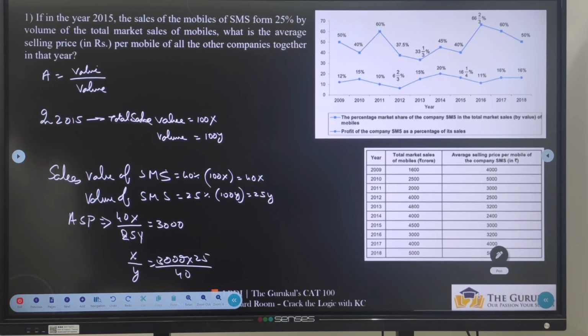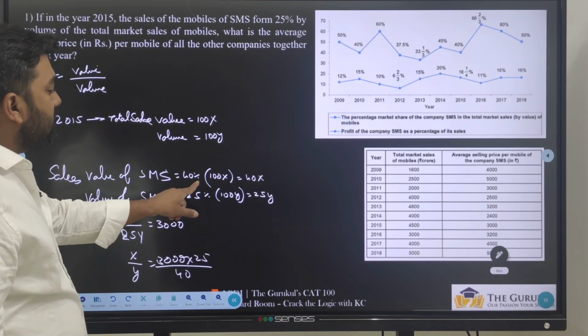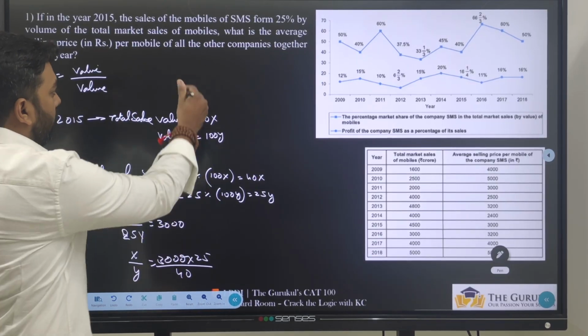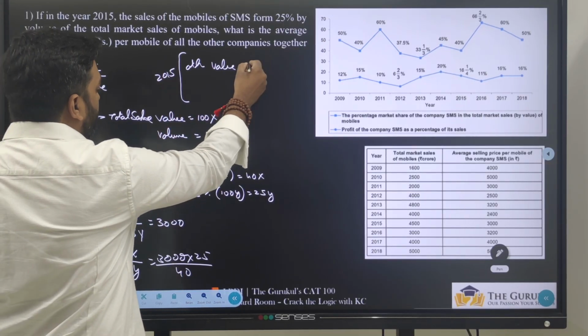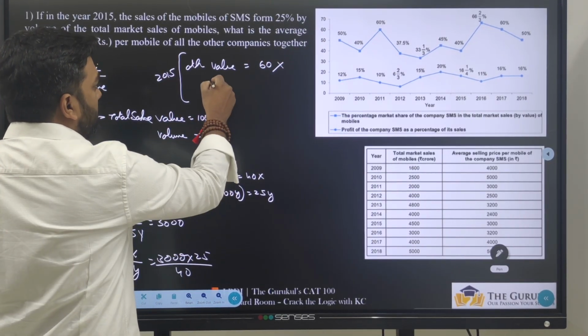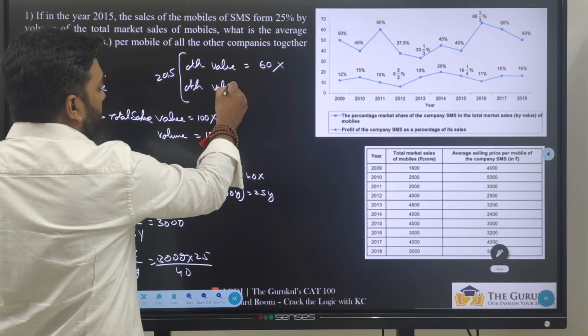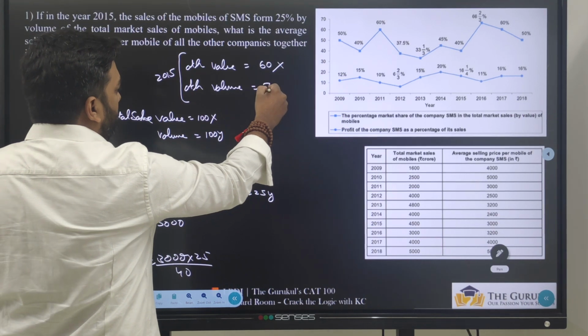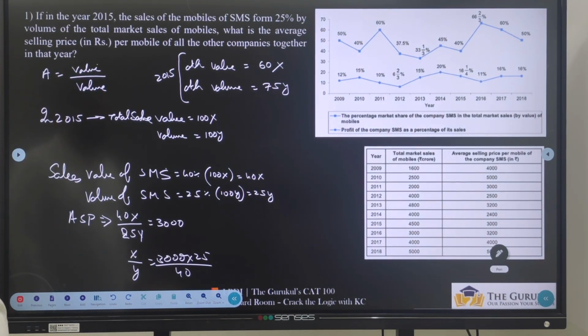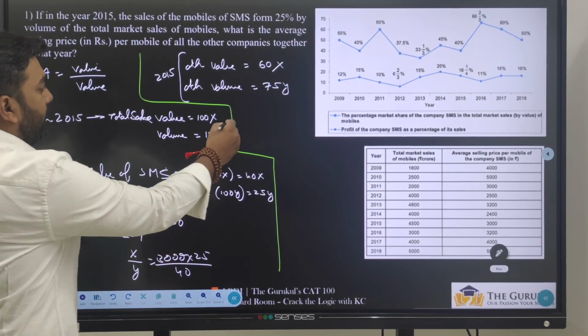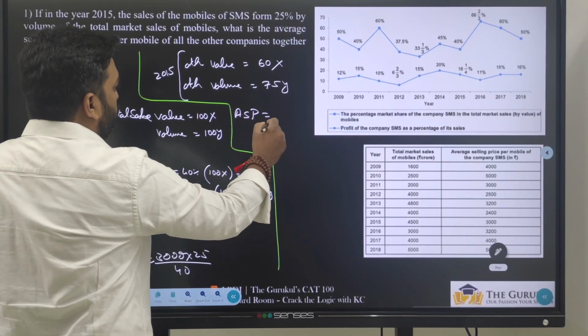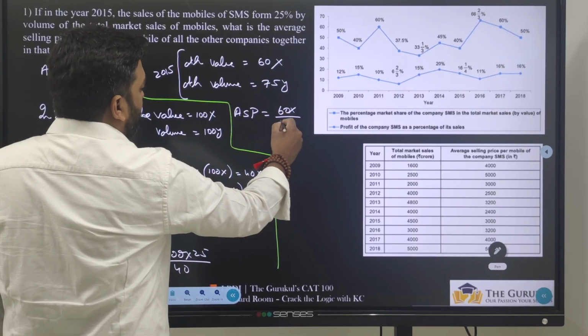Now what is the question talking about? What is the average selling price per mobile of all the other companies together? Now if SMS is taking 40x as value, other companies' value in 2015 should be equal to 60x. The same way, other companies' volume in 2015 should be equal to 75y. Clear? In that case, other companies' average selling price should be equal to 60x by 75y.